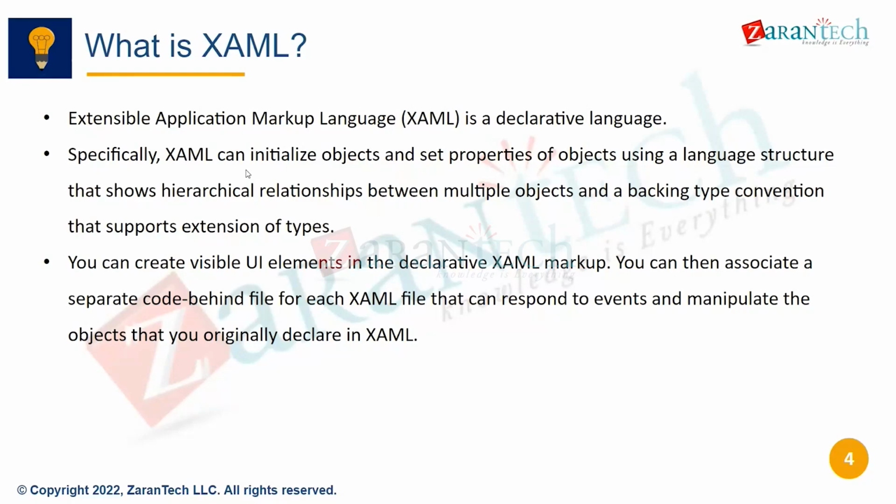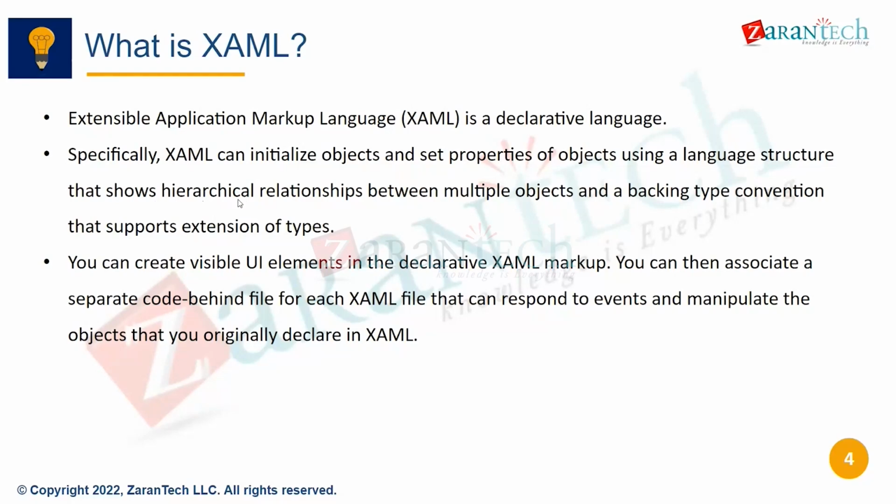You can initialize them and invoke them. It also gives a hierarchical relationship between multiple objects and backing type conventions that support the execution. So it will arrange your controls within a hierarchy, and with an understanding of how I can reach my parent control or child control.